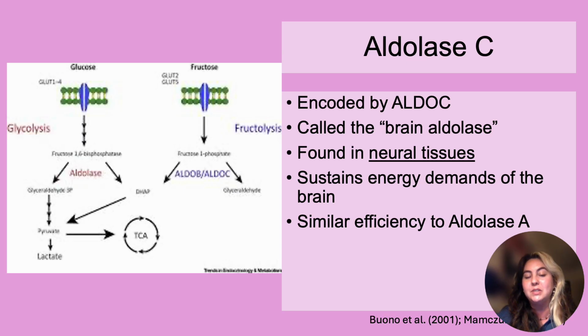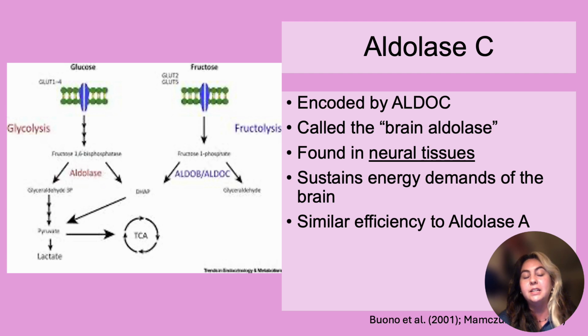So something interesting about C is that it actually has a similar efficiency to aldolase A, but where we saw that aldolase A is very widely expressed, anywhere from skeletal muscle cells to cancer cells, C is going to be specialized to these neural cells.